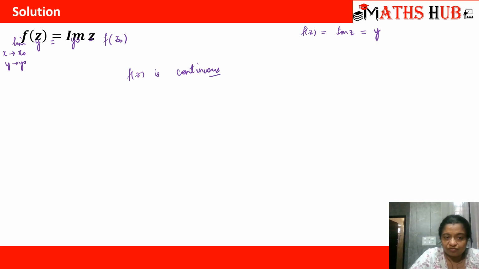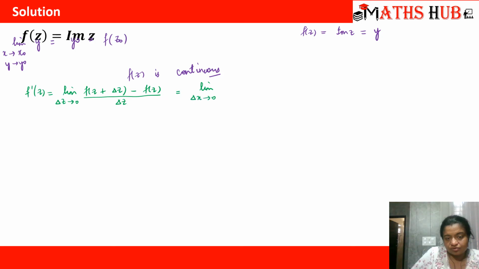Now let us check for differentiability. Now for differentiability, the definition is f dash z is equal to limit delta z approaches 0, f of z plus delta z minus f of z divided by delta z. So this is limit delta x approaches 0, delta y approaches 0.